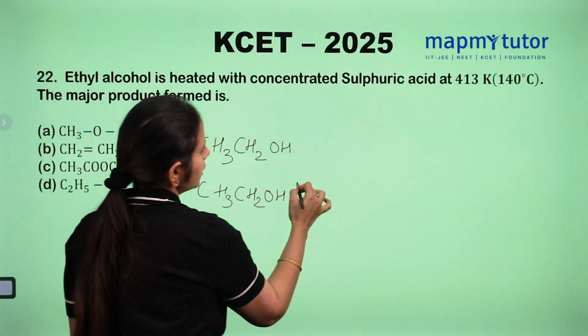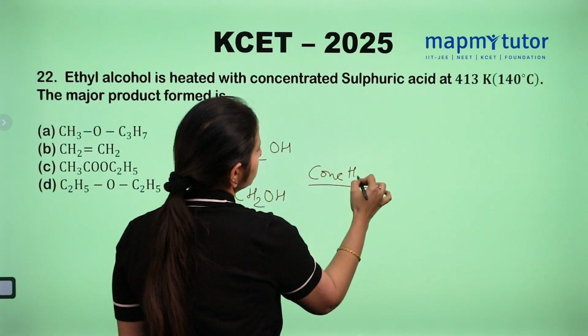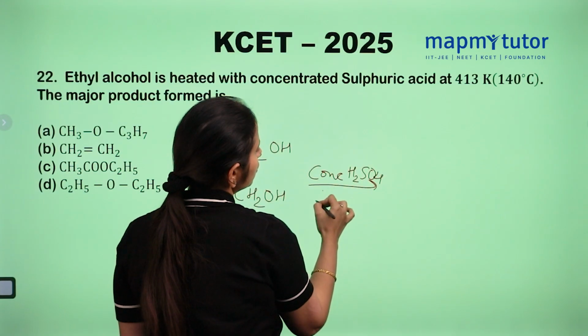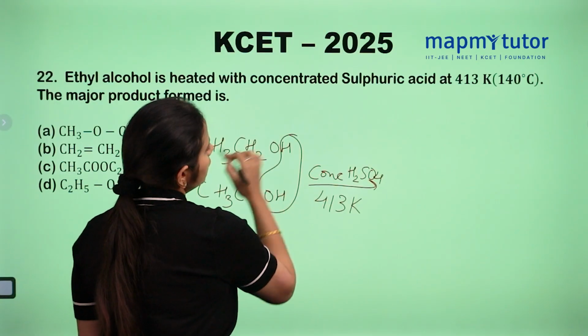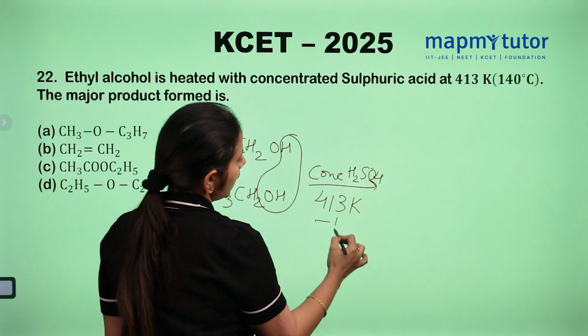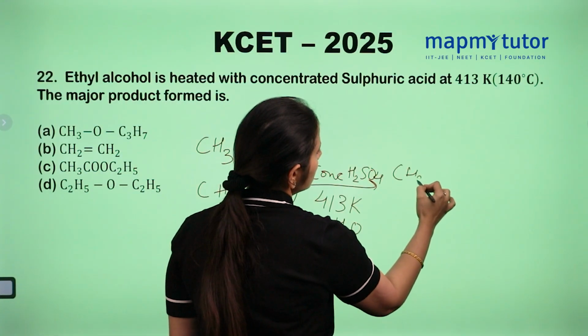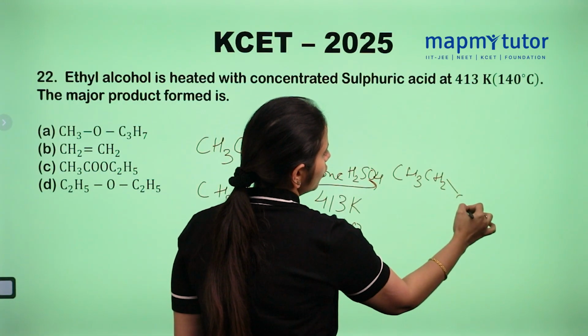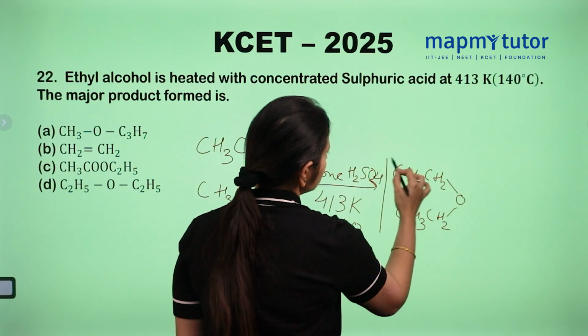And when we heat it with concentrated sulfuric acid at 413 Kelvin, a water molecule will be removed on heating. Minus water, so we will get the ether CH3CH2OCH2CH3. So this is our answer.